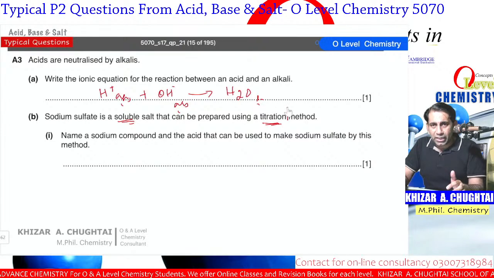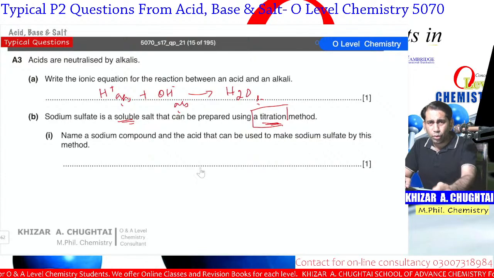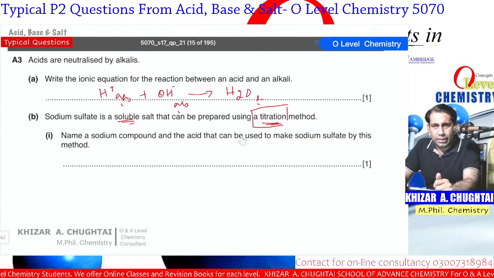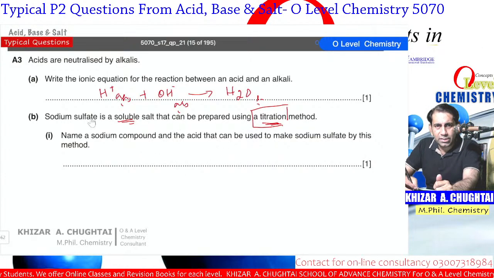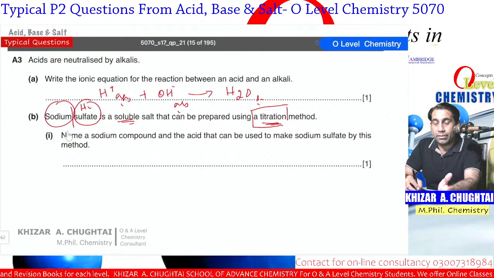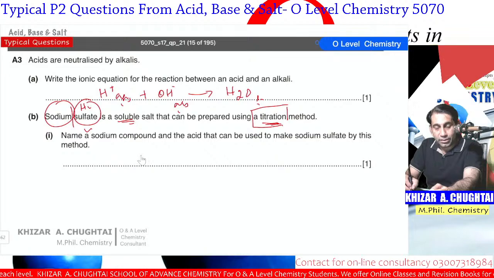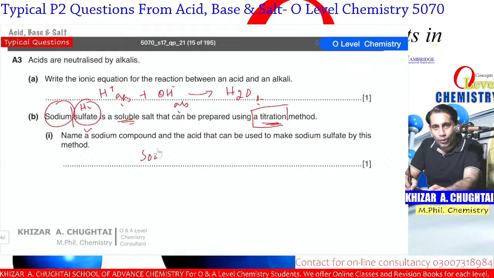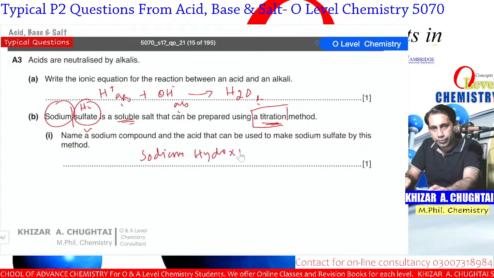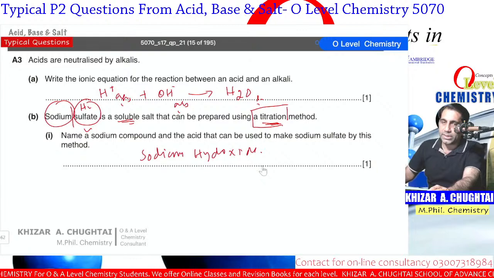In the titration method, both compounds must be water soluble. So one is the acid, that is sulfuric acid, H2SO4, and what should be the salt of the base of sodium? Obviously he is asking for the name, so write the name: sodium hydroxide. It must be an alkali, a water-soluble compound.